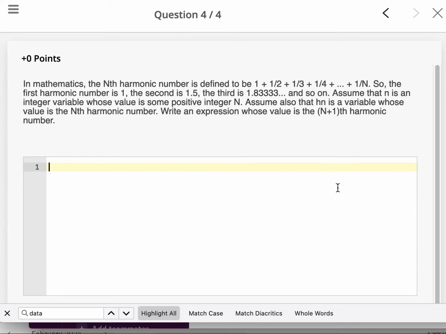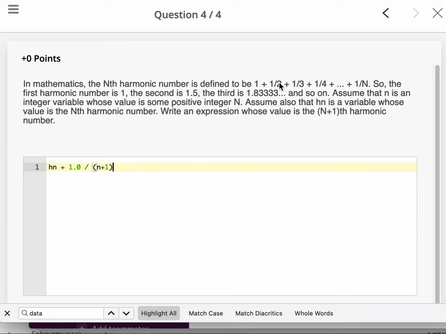Notice that the harmonic number, hn, has to be added to 1 divided by, and here's where we're going to do a trick and write simply n plus 1. If n is 0, it's going to be 1 divided by 0 plus 1, which is 1, the first number.